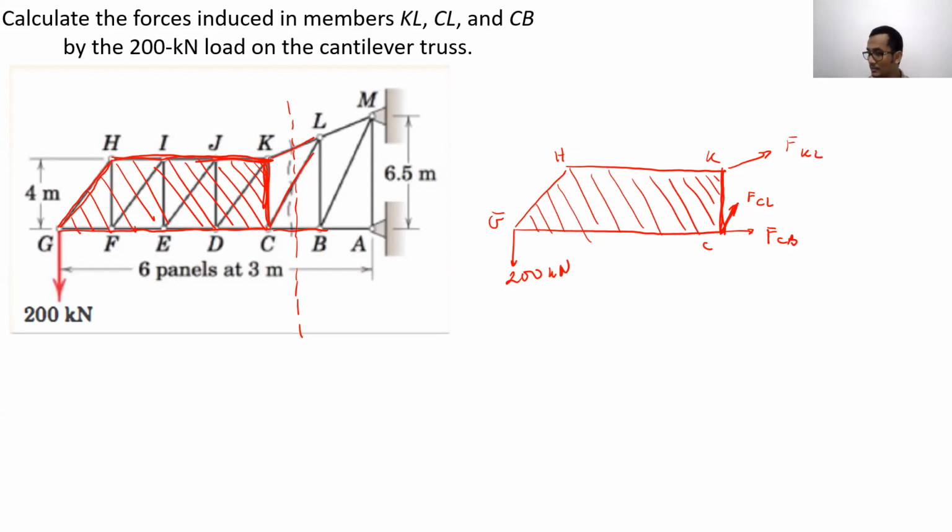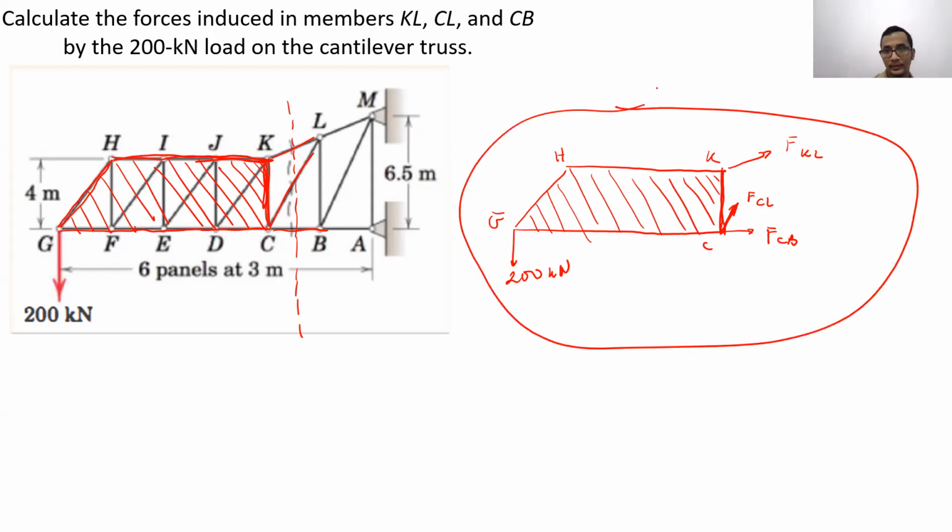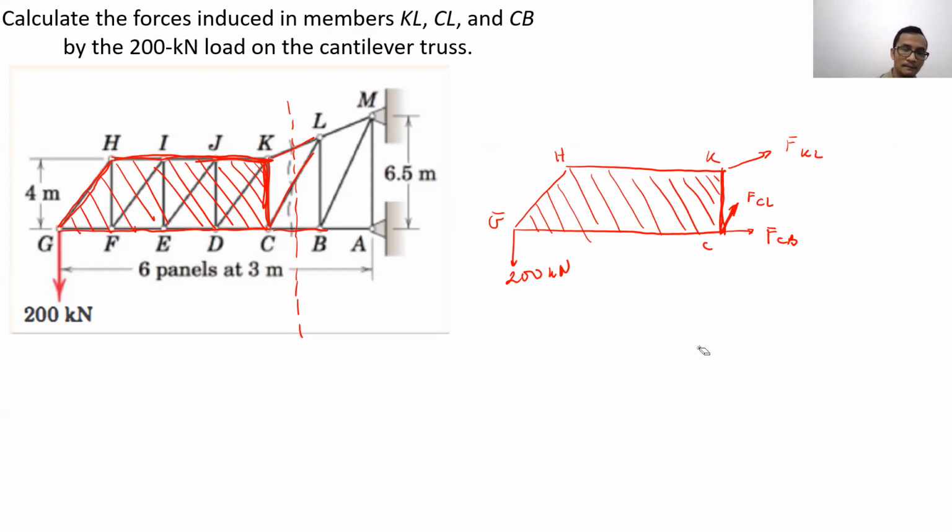How many unknowns do we have here, Amadea, in this particular free body diagram? 3. 3 unknowns. Okay, because this is a normal free body diagram. How many equilibrium equations do we have for this particular free body diagram? Also 3. We have sigma Fx equal to 0, sigma Fy equal to 0, and sigma moment equal to 0. We have 3 equations.